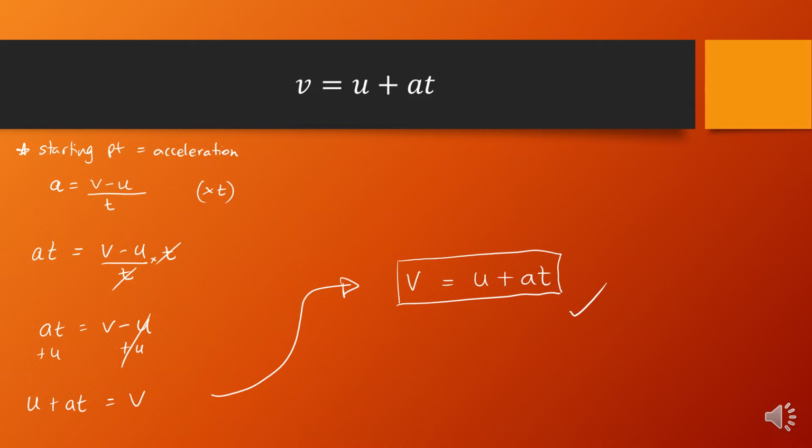What you should do now is perhaps rewatch this derivation, take out a blank page, write down at the top v equals u plus at, and see can you start from the beginning and derive it. And after that is just repetition, repeat and repeat until you're pretty good with it.